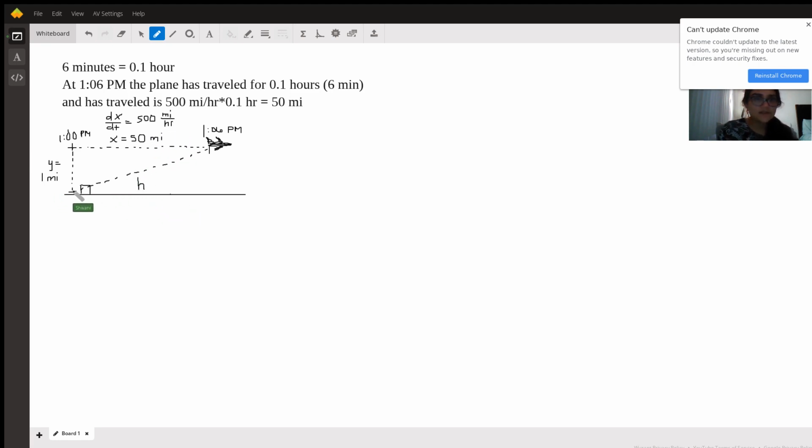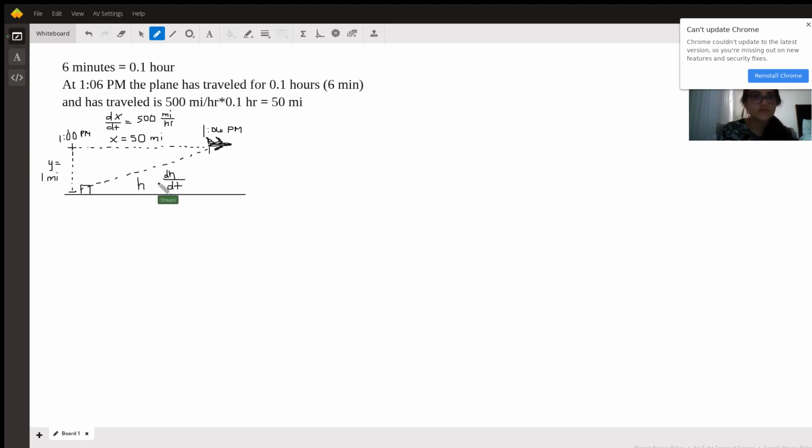And then the rate of change of this distance right here, dh over dt. That's the rate of change of the distance between the radar station and the plane, this hypotenuse here, over time. And that's what the question is asking us to find. Another derivative we have going on is dh over dx.